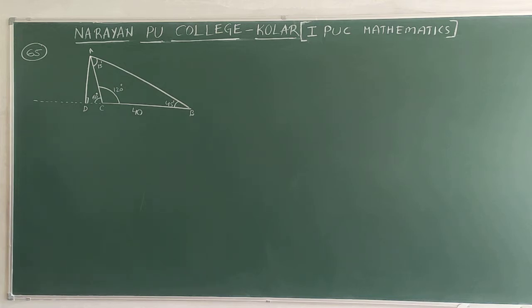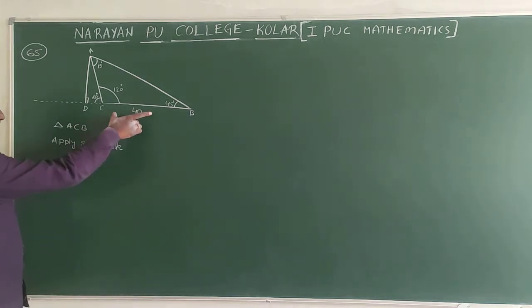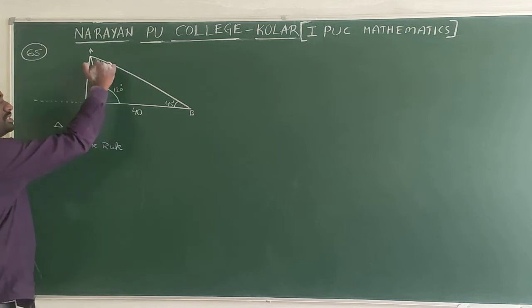Now apply sine rule in this triangle ACB. According to sine rule, you take a side by the sine of the opposite angle of this side.